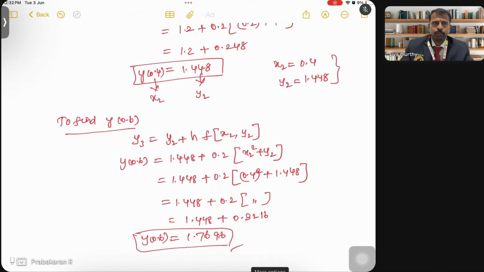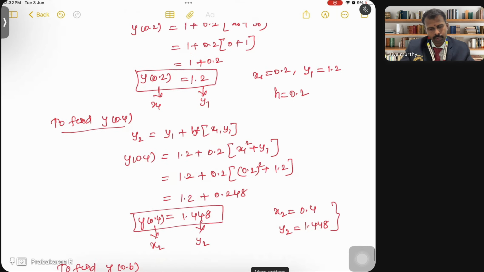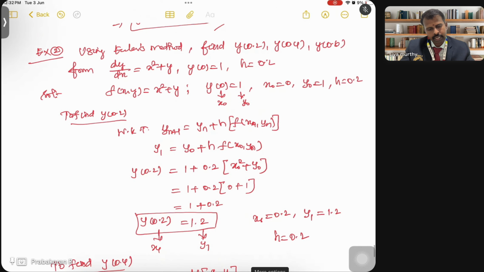For example, put n equal to 0 means we get y1, that is our y of 0.2. Put n equal to 1 means we get y2, that is our y of 0.4. Put n equal to 2 means we get y of 0.6, that is our third step. This is one more problem. I hope all of you understand this particular problem. It's very useful for all.